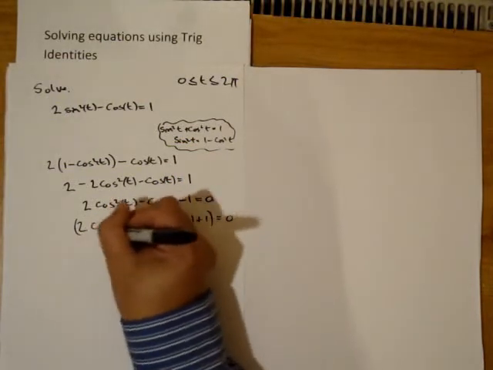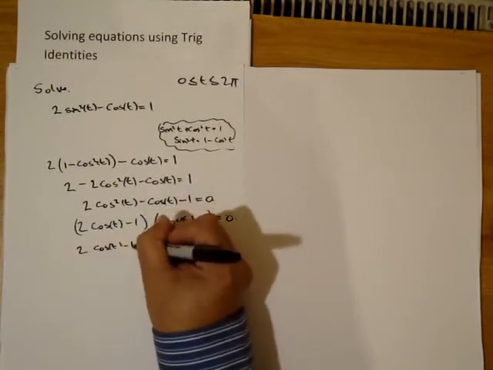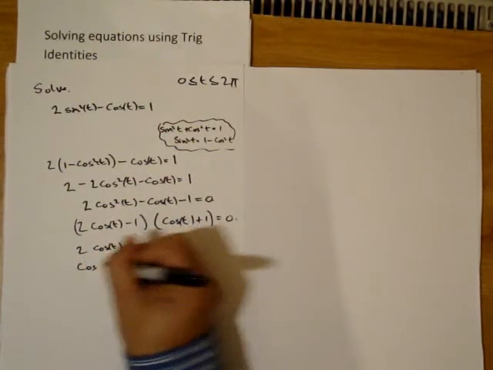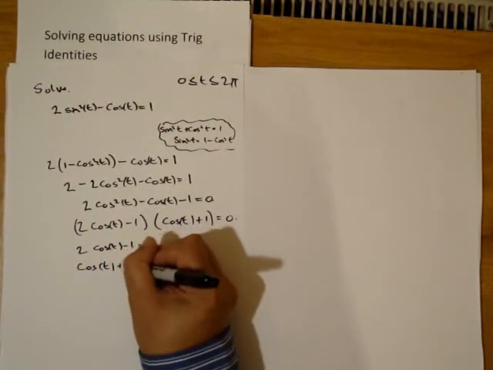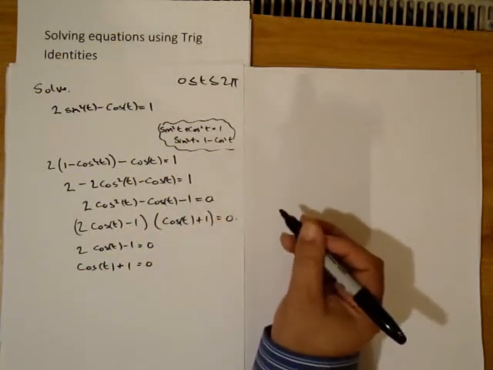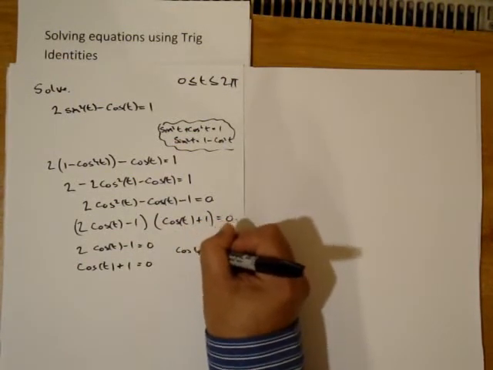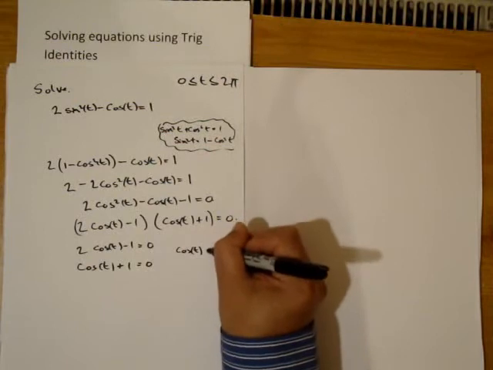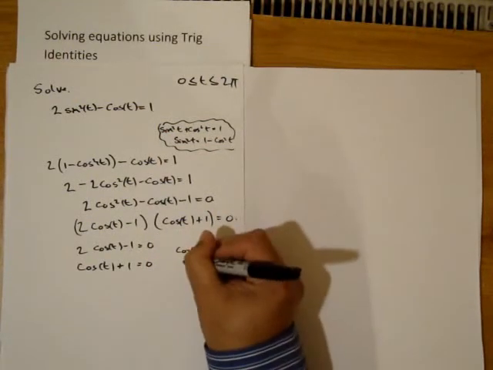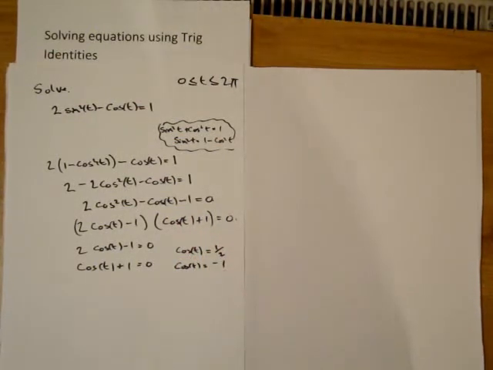Now both the 2 cos t minus 1 is equal to 0, and cos t plus 1 equals 0. Therefore cos t equals a half in this case, and in this case cos t equals minus 1.